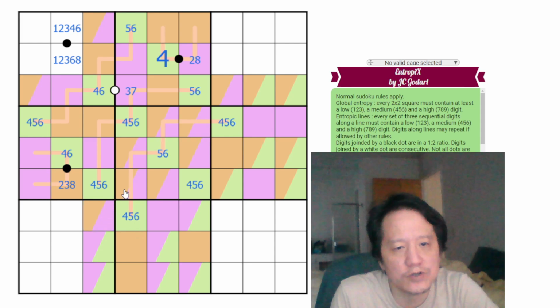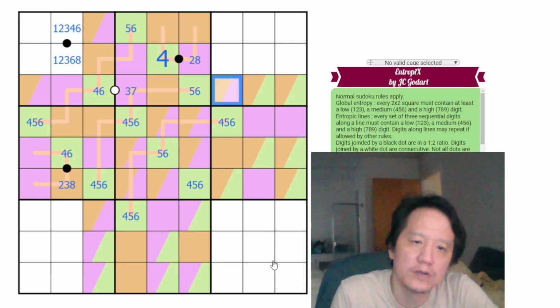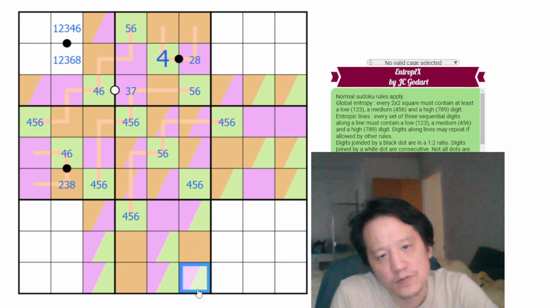If this was orange, this was pink. If you have orange, pink, this would be orange, pink, orange, pink. This is one of each. This is pink. This has to be one of each.